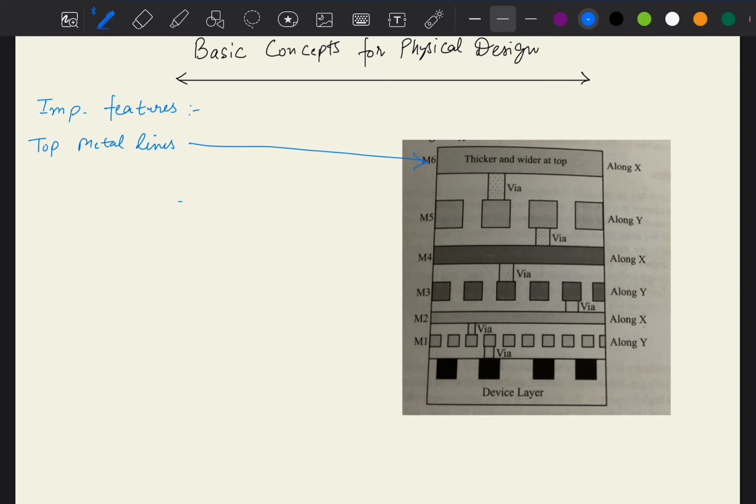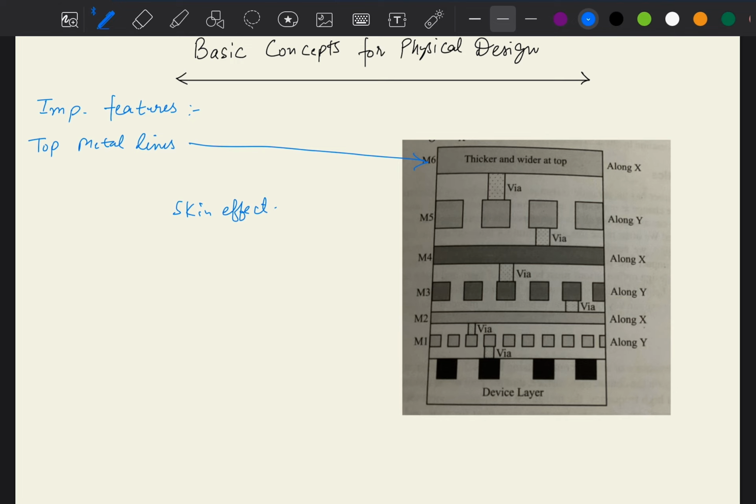This phenomenon is known as skin effect. This effect is becoming important for wider and thicker wires at the top metal layers. So the skin effect is important in clock lines that are generally routed at the top metal layers and work at a high frequency.